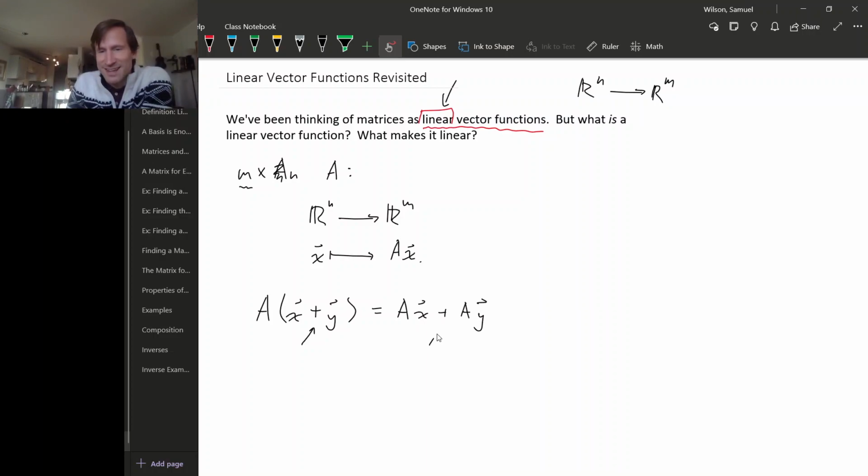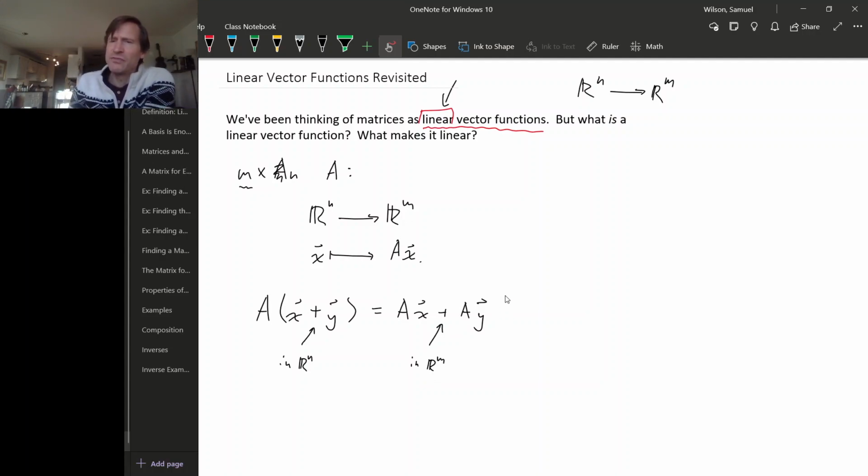And remember this addition on the right is vector addition in Rm. This was in Rn. So because matrix multiplication distributes, it turns vector addition in Rn into vector addition in Rm.